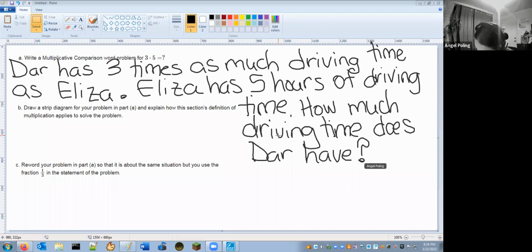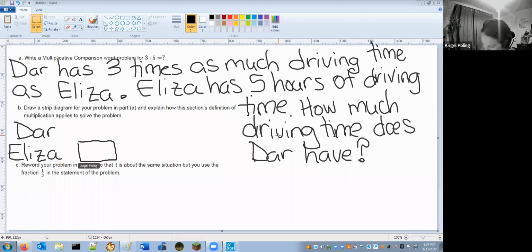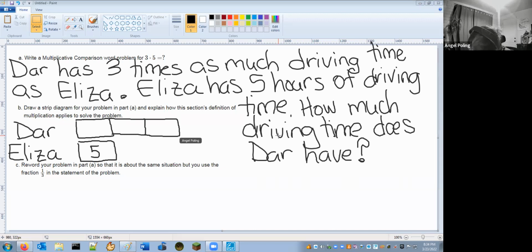Okay, now that we have individuals that we can put labels onto these strips for, we have an amount for Eliza, which we know is 5 hours. And we have 3 times that for Dar.